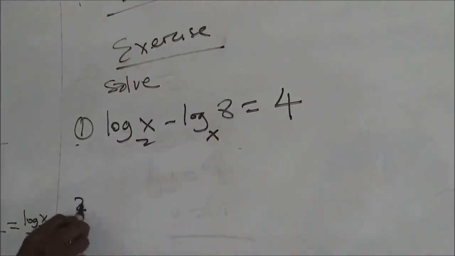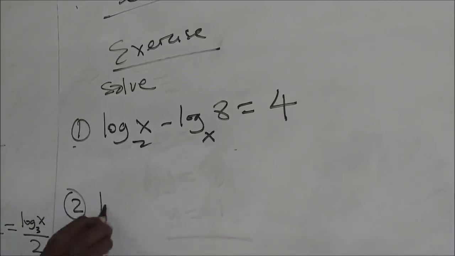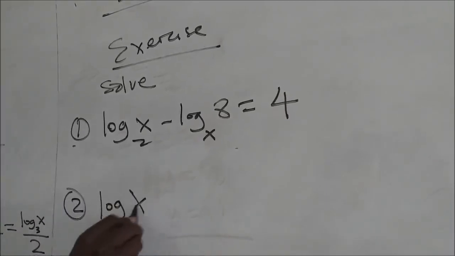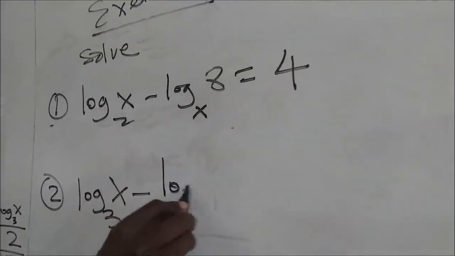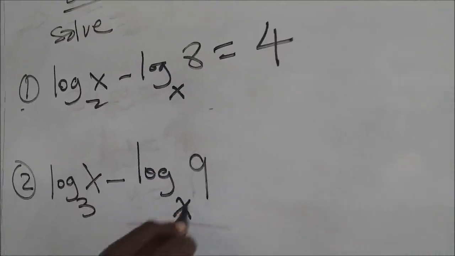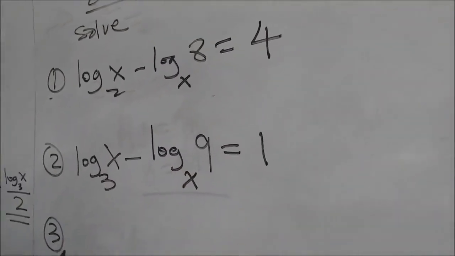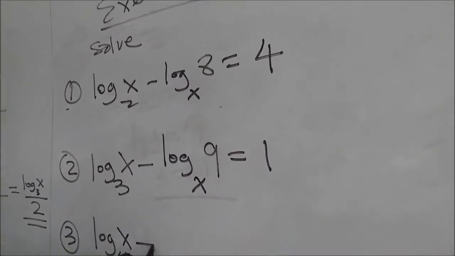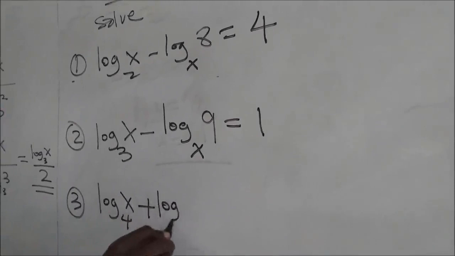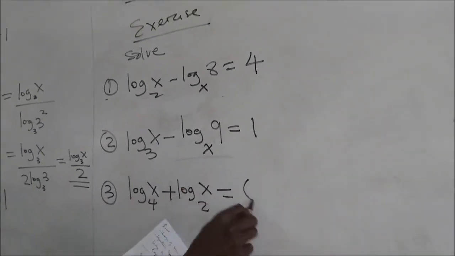Number 2, log x base 3 minus log 9 base x equals 1. And the third one is log x base 4 plus log x base 2 equals 6.